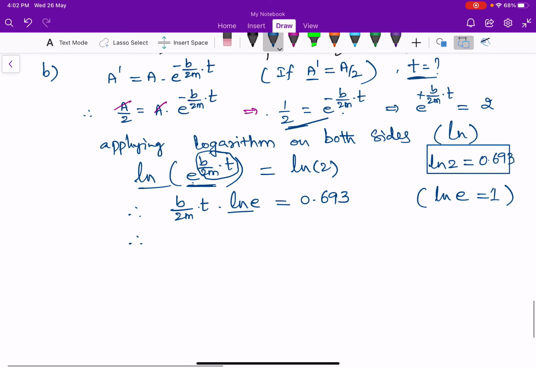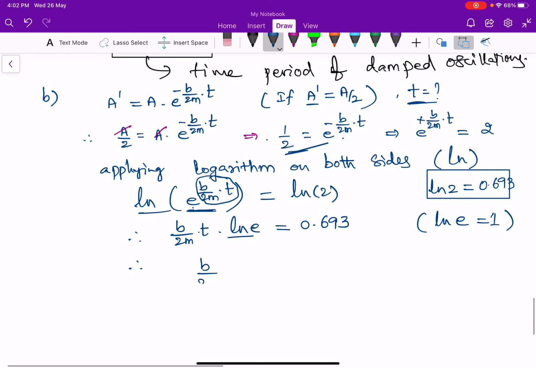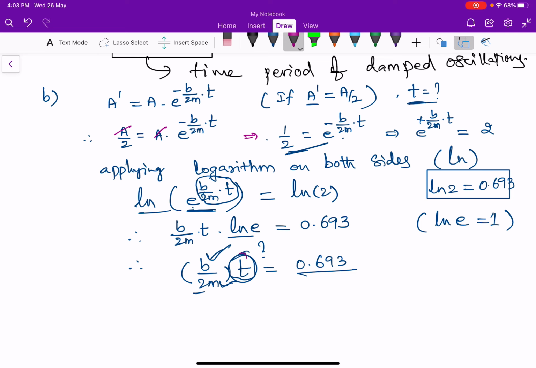Therefore, b by 2m into t is equal to 0.693. Here the unknown is t, and we need to find this t value. The b value is given, 2 is 2, mass is given, and 0.693 is a known value. So by substituting the b value and m value, you will get the time to drop the oscillations from the original to half of its maximum amplitude.